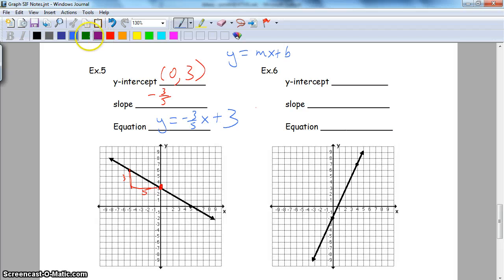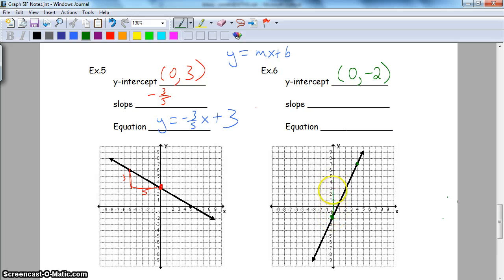Number 6. Let's try that one. What is our y-intercept? Where does it cross the y-axis? Right here at -2, yeah? This would be (0, -2). What is our slope? I'm going to pick that point and this point way up here. So 1, 2, 3, 4, 5, 6.